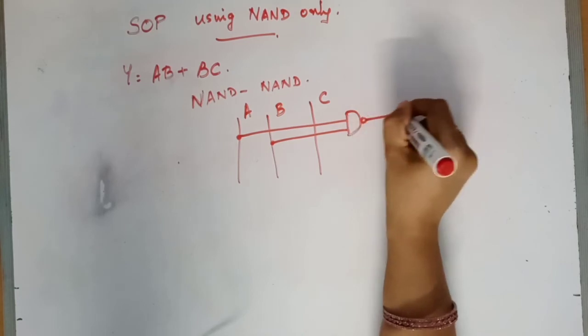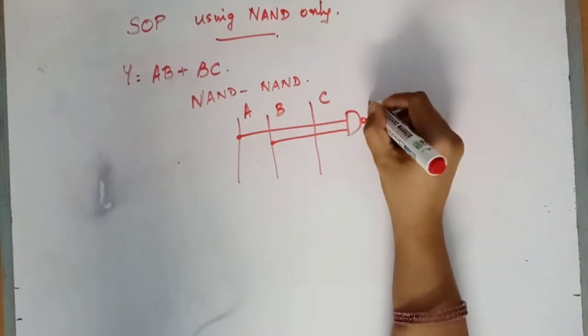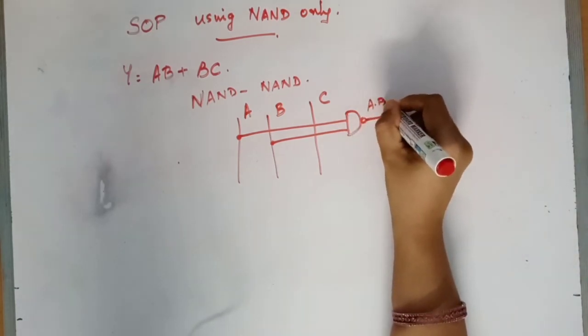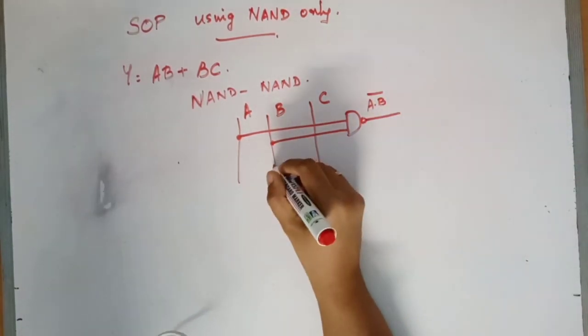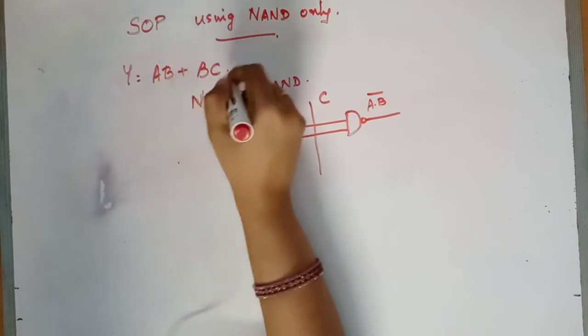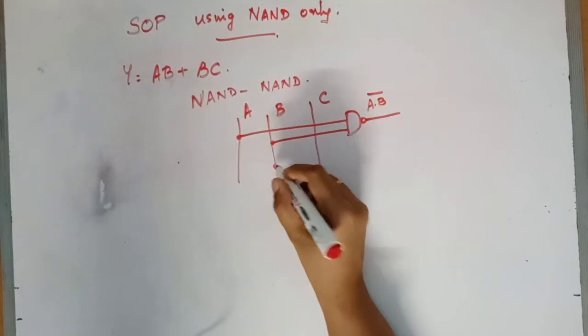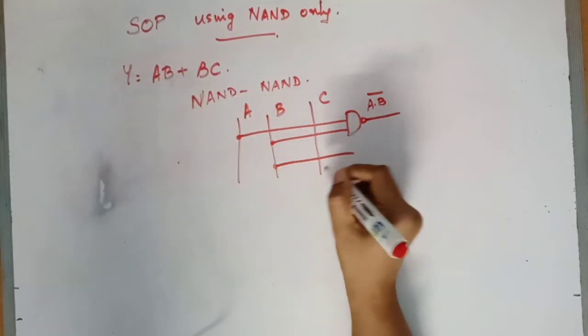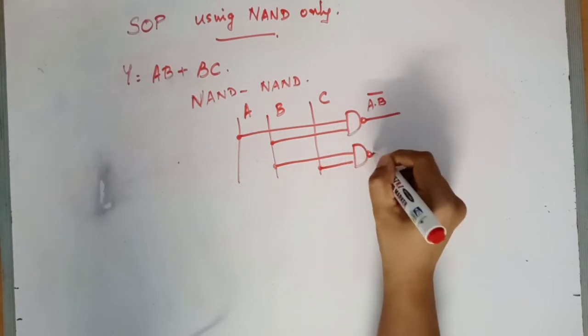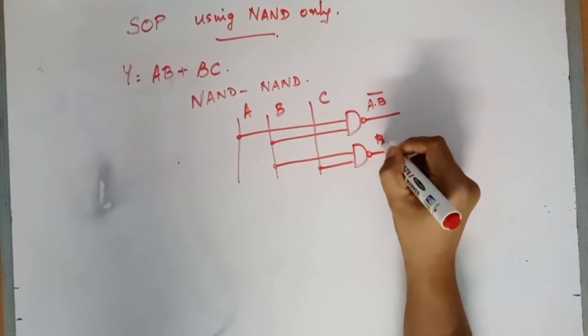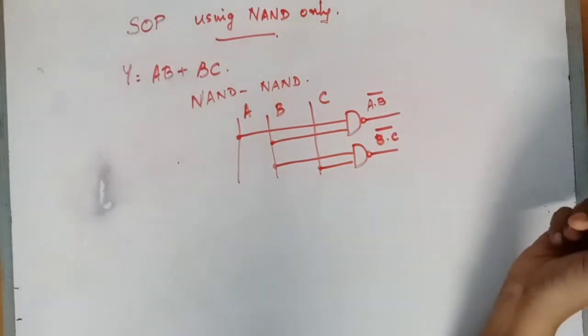So what will my output be? A B whole bar. Next is BC. I'm just taking these products and giving them to a NAND instead of AND. So I am giving B, C to another NAND, and this is B C, the whole bar.